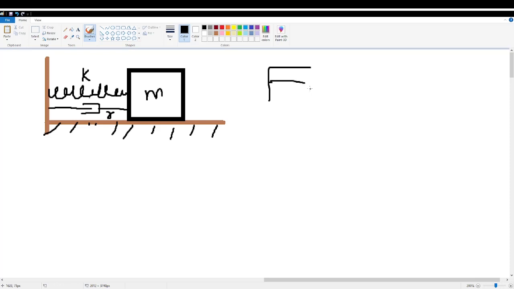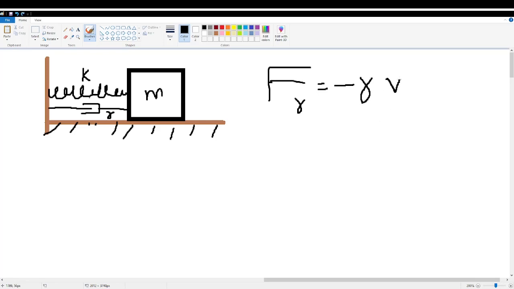And in fact, the faster you're moving through the honey, the harder the honey is pushing back against you and slowing you down. So this can kind of naturally lead to the damping force being equal to the negative of some constant multiple of your velocity.